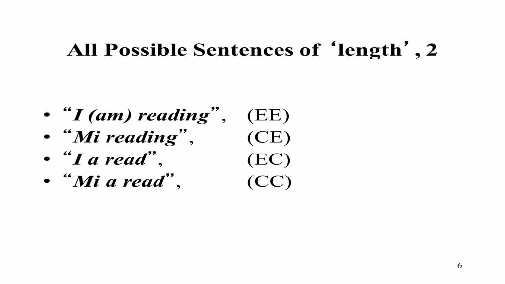Me read is acceptable, allowable. It's pure Creole. I am reading is pure English. It's acceptable. So that's one of the constraints we'll allow, that all pure sentences are allowable. The issue is what mixed sentences are also allowable. And in the case of Guyanese Creole, Hubert and I would agree.